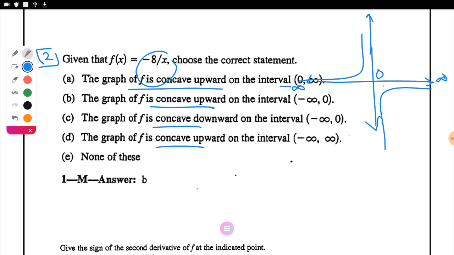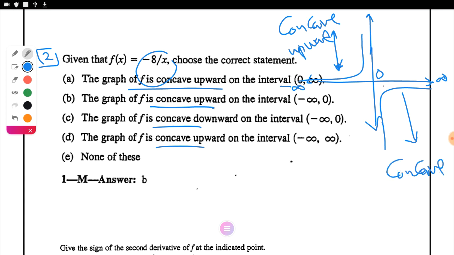As you see, the function is concave upward here, and here the function is concave downward. I think you understand now. I prefer to use the sketch of this function. It's so easy to remember.